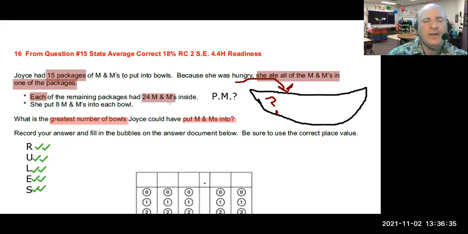And so another thing that I might label, that I might show my teacher, oh, a package is different than an M&M. Right here, packages are different than M&Ms, and M&Ms are different than bowls. And so what you might have your kids do, it's also in the mathematics chart. For those of you who purchased the test, you got the mathematics chart and the math posters to go with it.